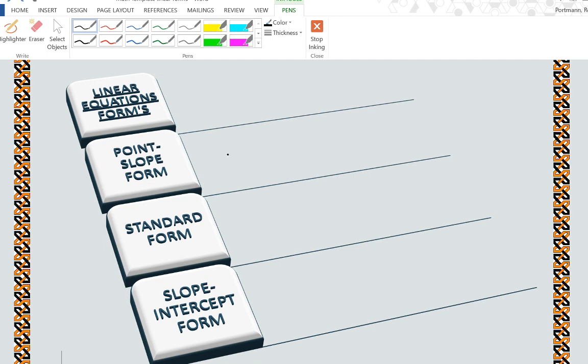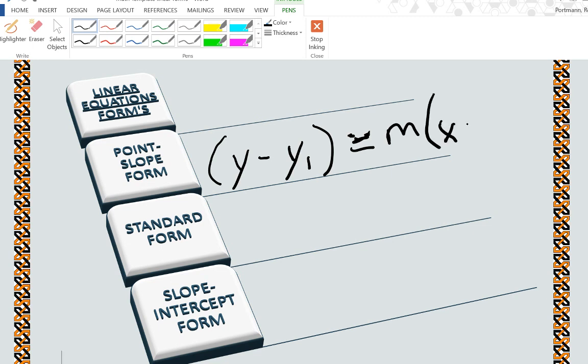I could write it down right here. Don't worry about this. It's like y minus y1, and then that equals. See, I'm not even too sure about it. We don't use it hardly at all. I think that's x minus x1.